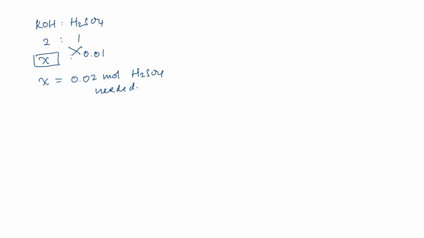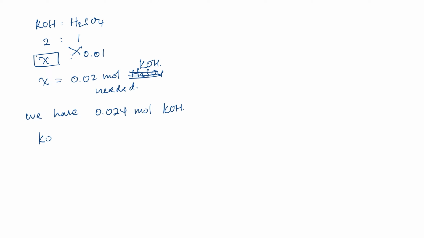However, we have 0.024 moles. Oh, sorry, this is the KOH, right? But we have 0.024 moles of KOH. That means we have more than we need. So simply put, the KOH is going to be in excess.